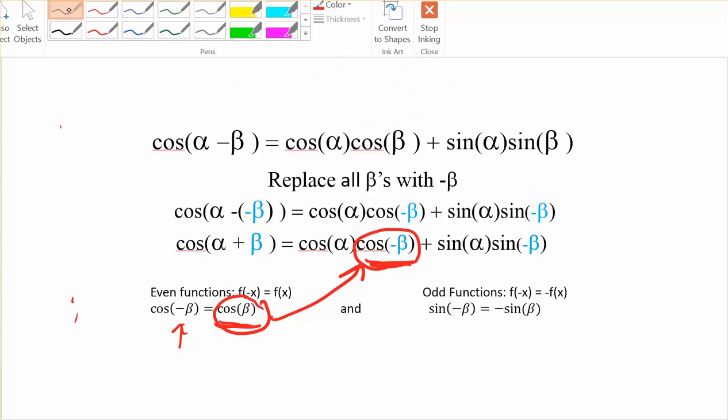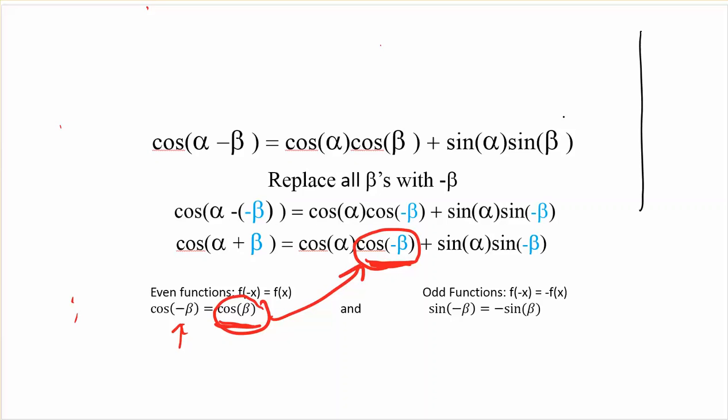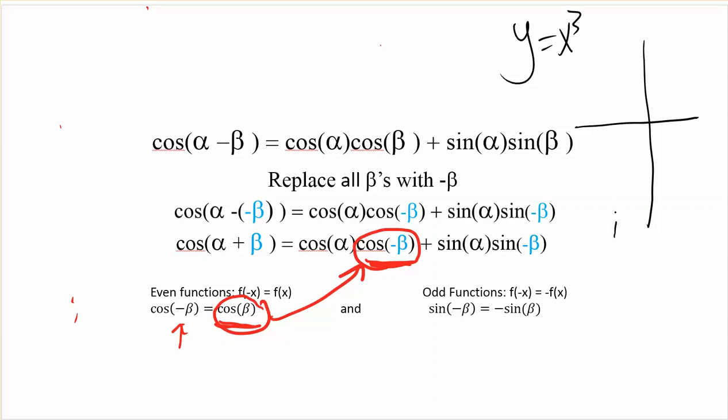So a function that you may recognize as being odd is y equals x cubed. So it goes right through the origin, and you can rotate this whole curve 180 degrees.